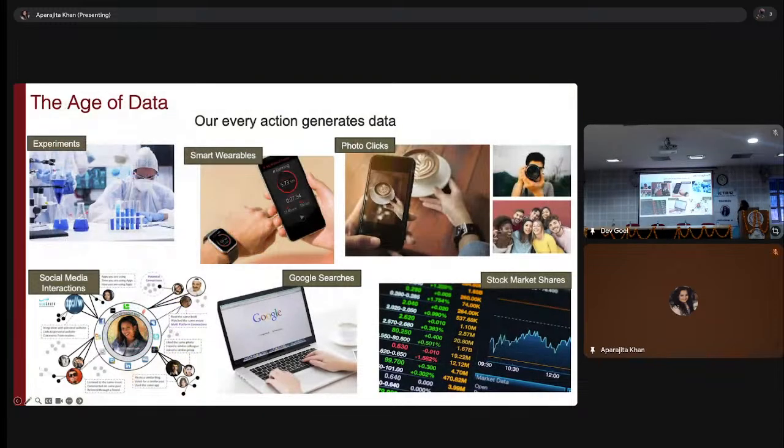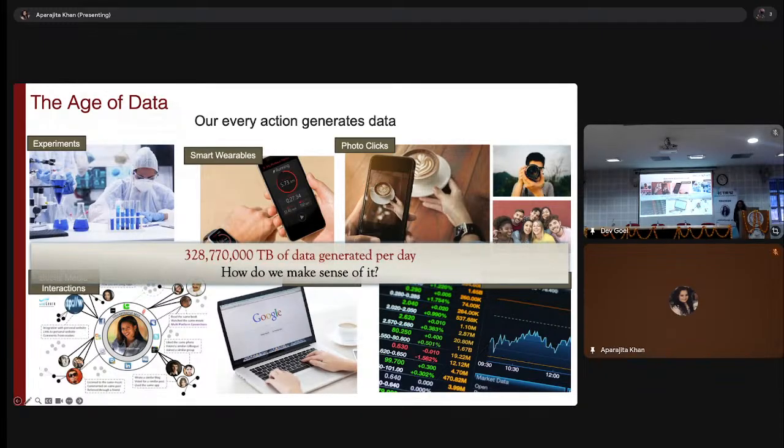Okay, so let's see. So this is the age of data, right? So everything that we do, the experiments that we perform, the smart watches that we wear, the photos that we click, they are all generating data, right? But then the question is that we are generating a huge volume of data every day. So you can see such a big number over here.